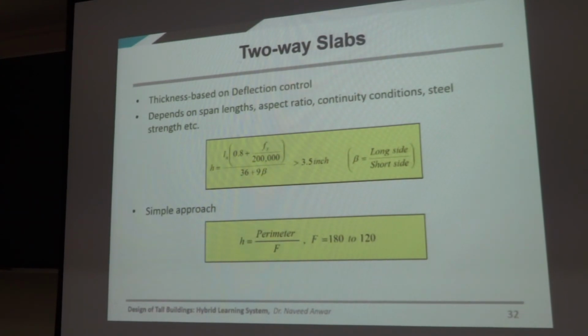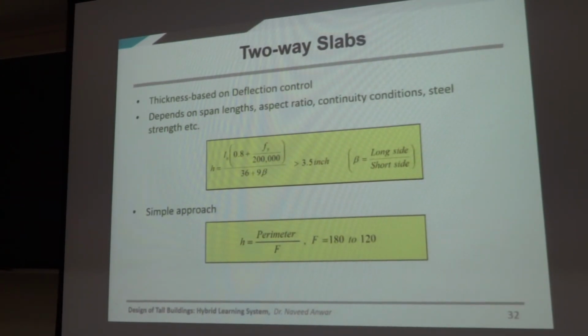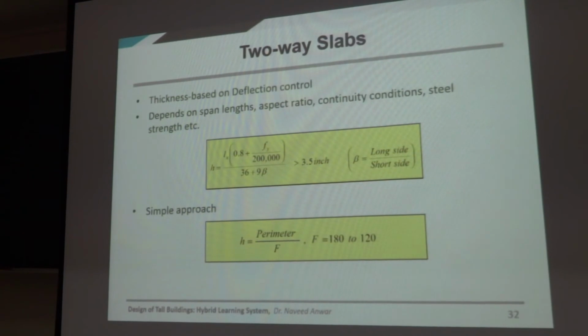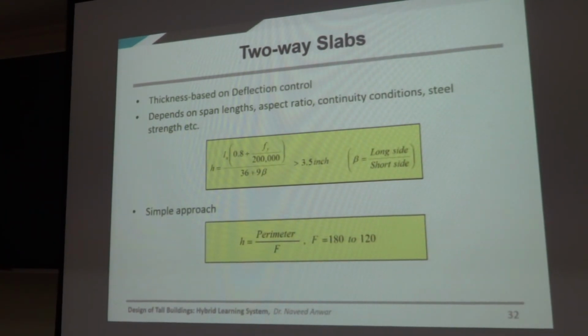When you get less reinforcement, the composite effect of the steel will be less. So you need to compensate with a thicker slab because you are using less steel. So if you use high strength steel, the reinforcement will be reduced and its effect will be less. You need to increase the thickness to compensate, because the modulus of elasticity of the steel is the same.